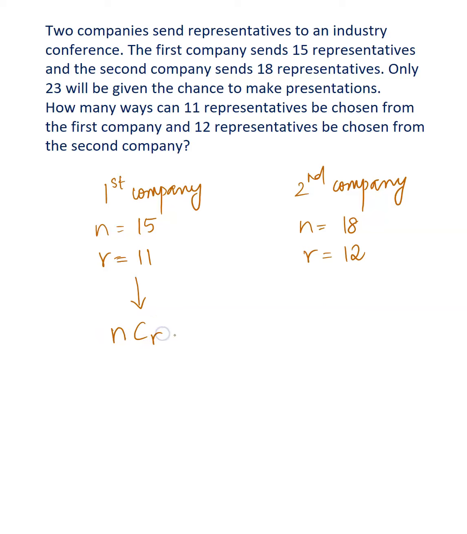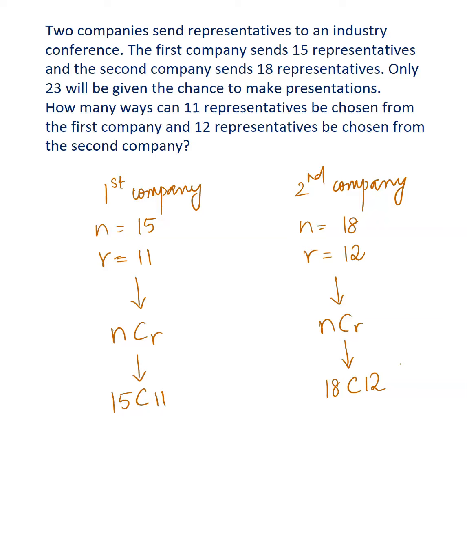So nCr, both places. That will be 15C11 and this will be 18C12. What we see is, choosing from company 1 and company 2, they are two different companies, so they are independent, right?